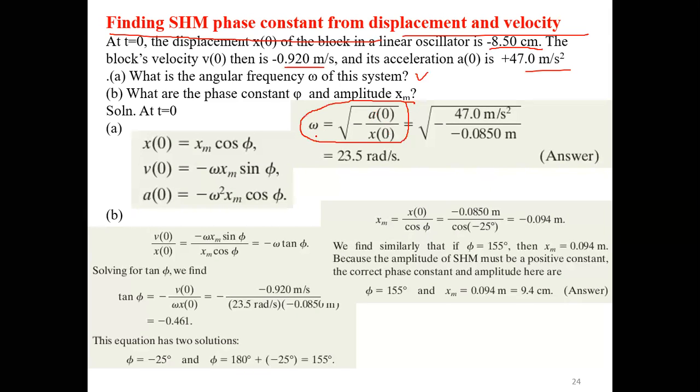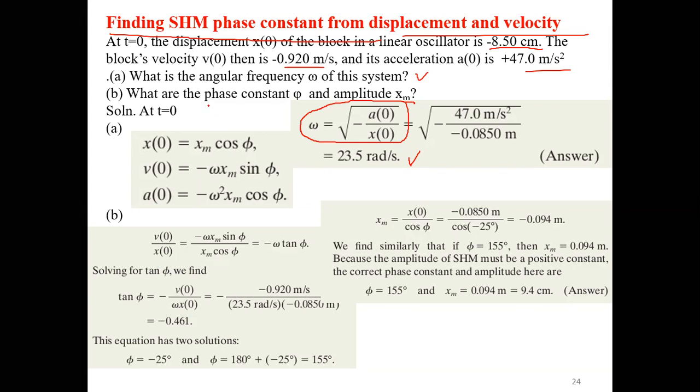From there, we can calculate the value of omega. So the value of omega will be this one. That's the one, omega square xm. So when this is 0, a is this one.